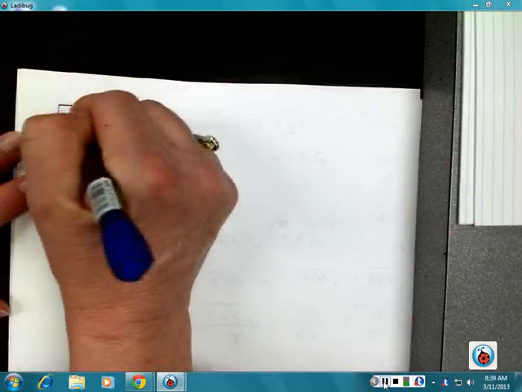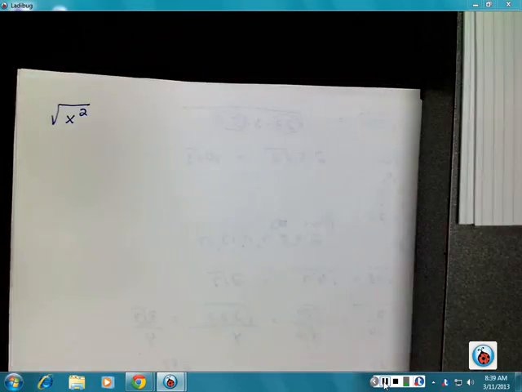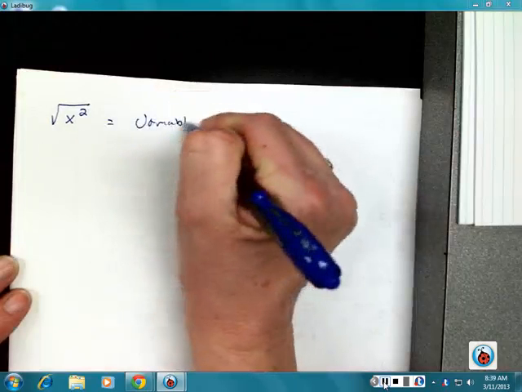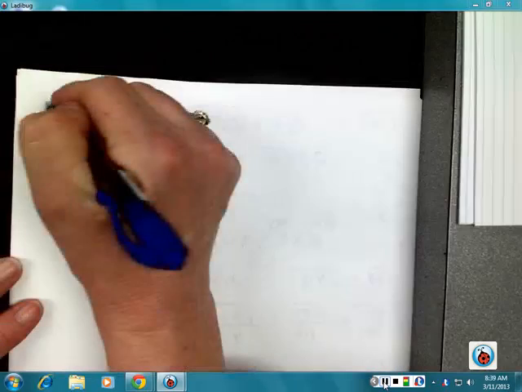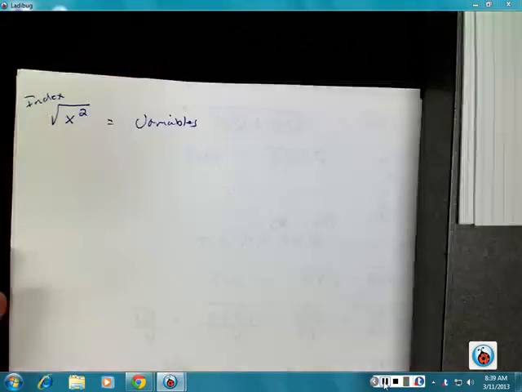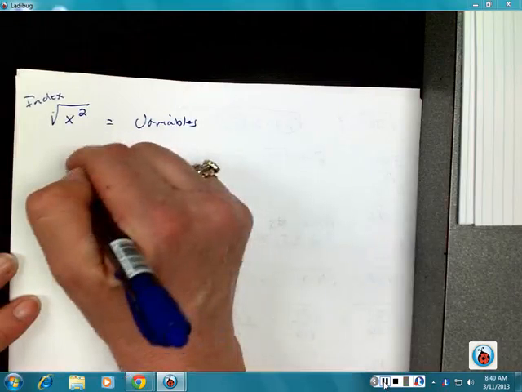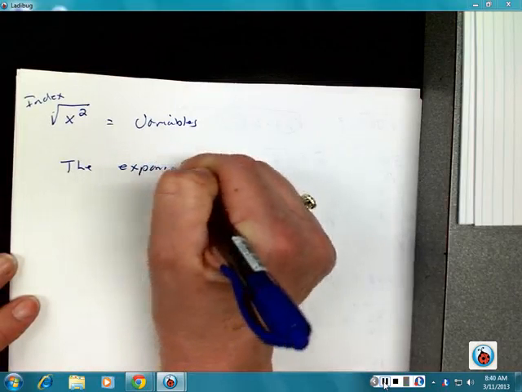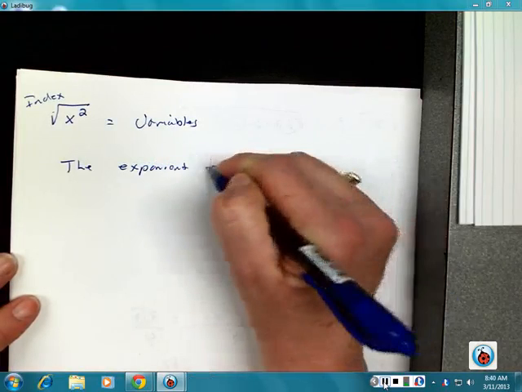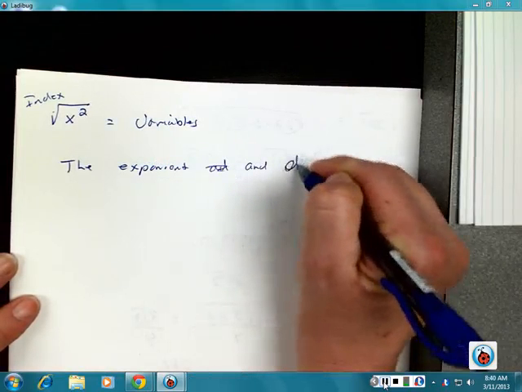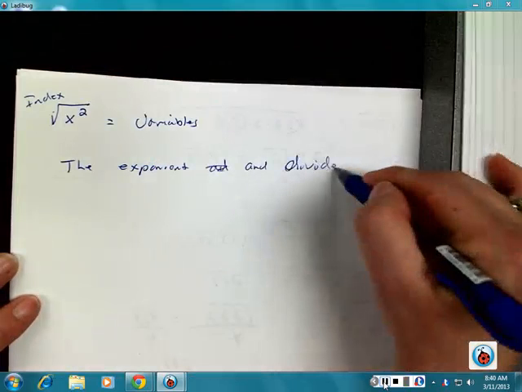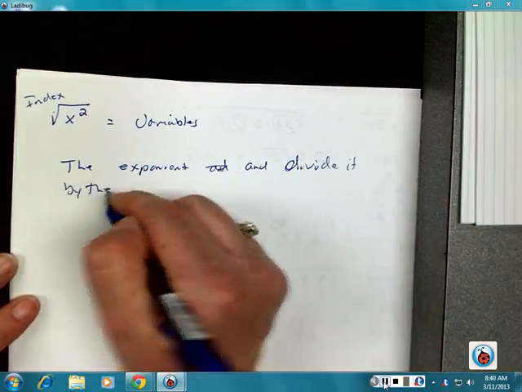Okay, and the other thing they stick underneath your radicals is letters. And if you have variables, what you're going to look at is your index. So in this case, my index is 2, and you're going to take the exponent and divide it by the index.